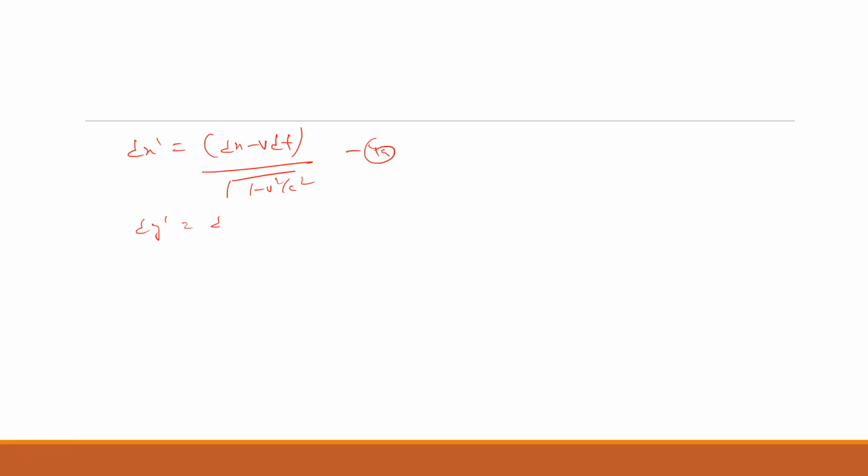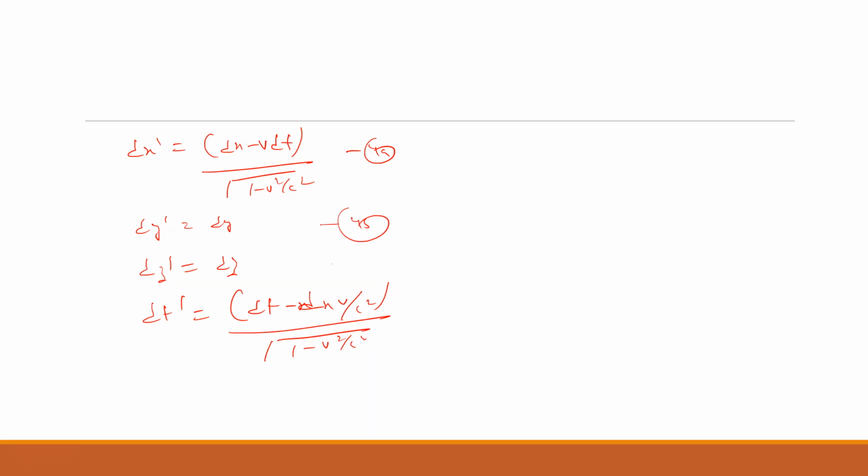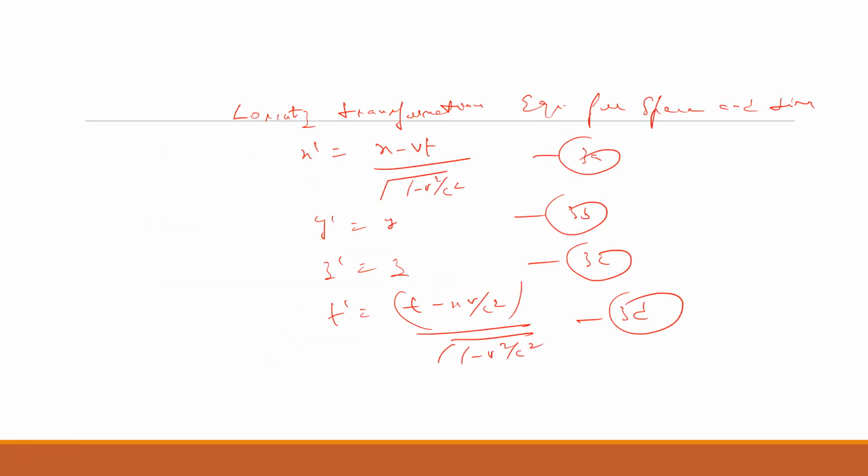Similarly, dy dash equals dy, dz dash equals dz, dt dash equals dt minus dx v divided by c square upon root of 1 minus v square by c square. These are 4b, 4c, 4d. You have to differentiate these four equations.